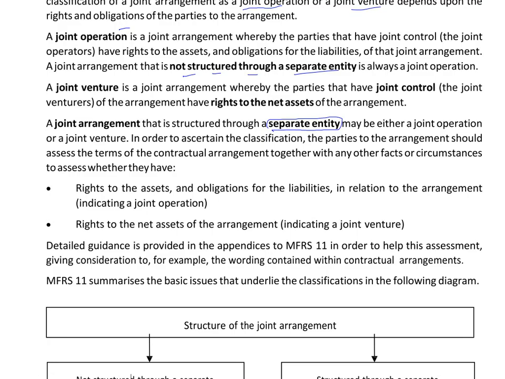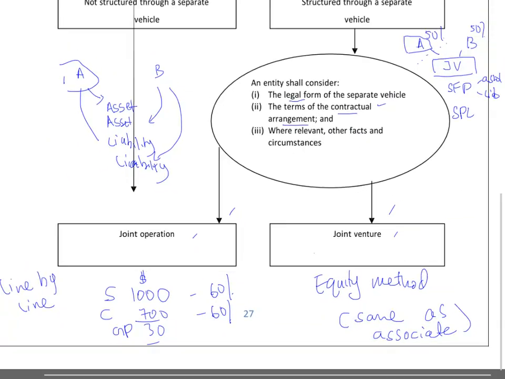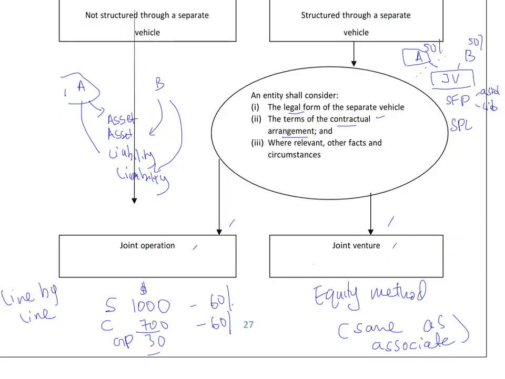Okay? So we are done with JV. Because if you know your associate, joint venture, just keep it as though it's an associate. Okay? Share of profit, that's not this one. You will see one of the questions in the next section, line by line.